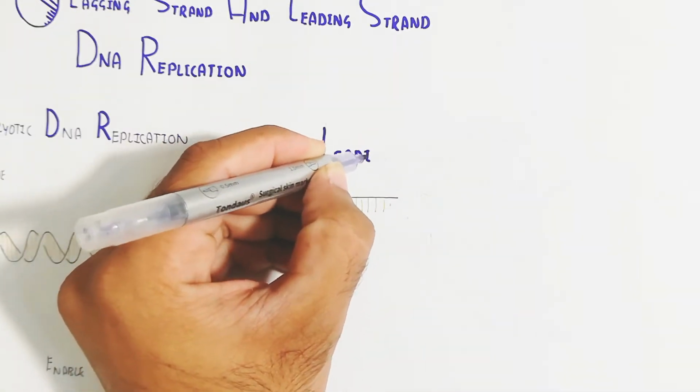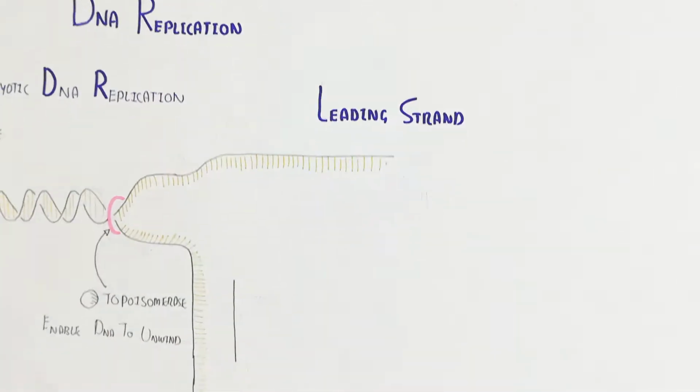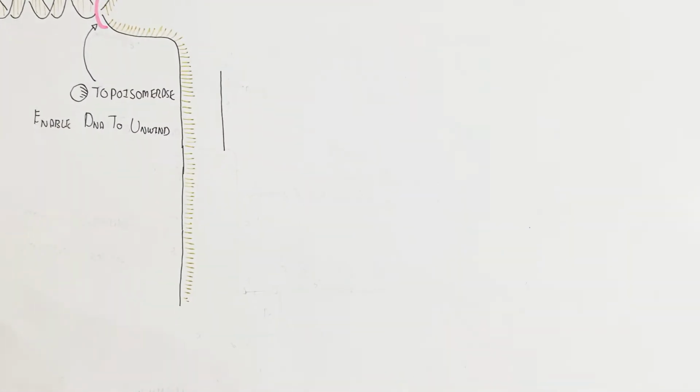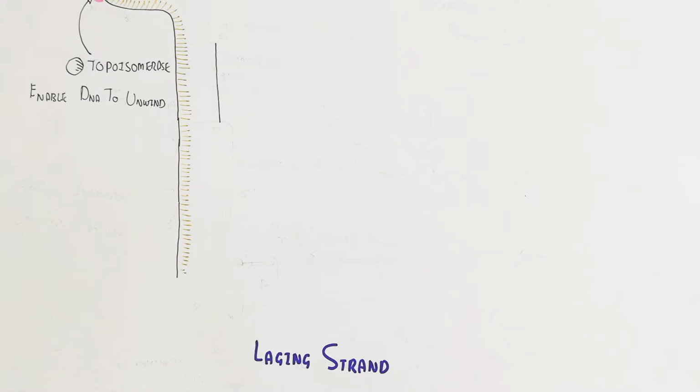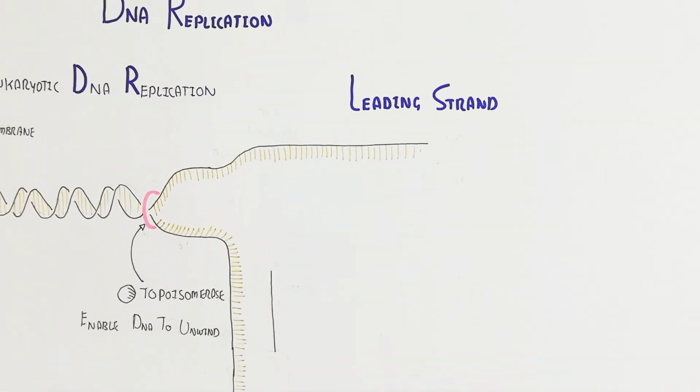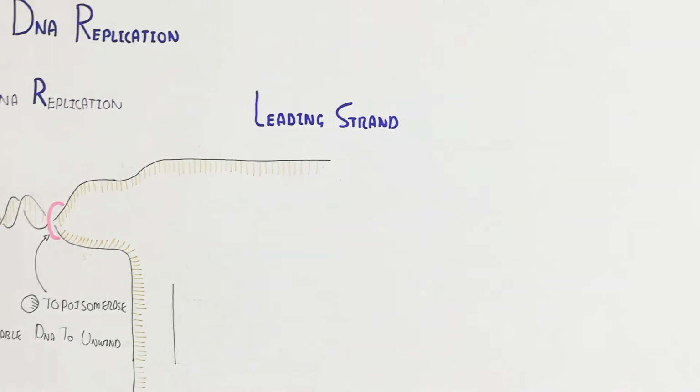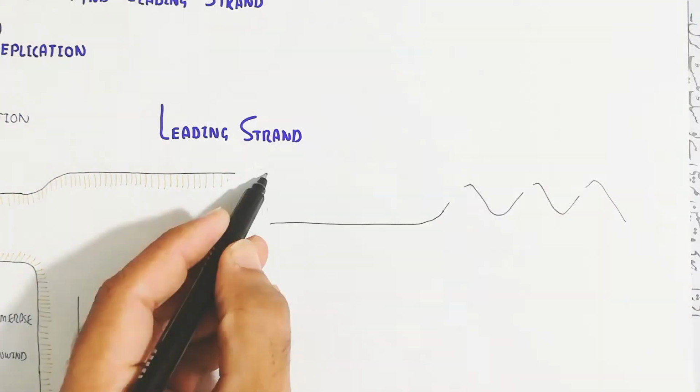In this way, here you can see this is the leading strand and this is the lagging strand. The leading strand is in the 5' to 3' direction, while the 3' to 5' direction is the lagging strand. The lagging strand is a problem, while the leading strand is not.